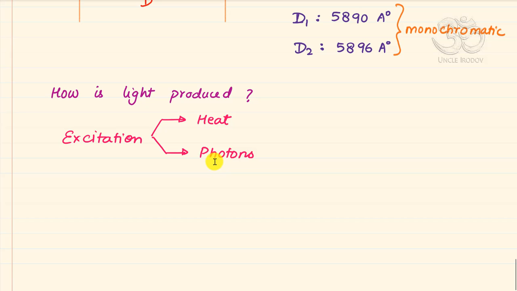Then when the electrons jump back down, they release another photon of perhaps the same wavelength, but it can also happen in many stages, leading to many different photons. So excitation can be effected either by heat or photons, but de-excitation always leads to release of a photon, and that is what light is.